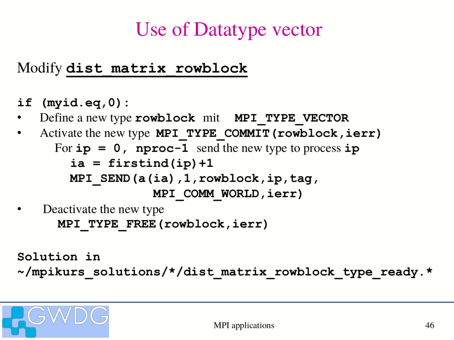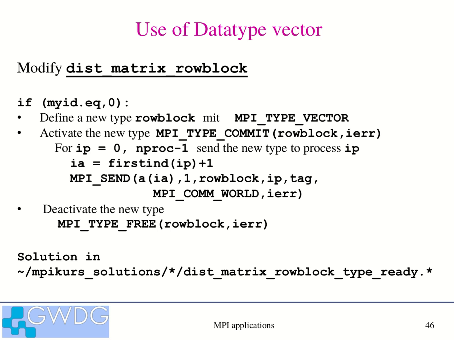What you have to do is, on process 0, you define a new type, say row block, with the MPI function MPI_Type_vector. Then you have to activate it by committing this new type.